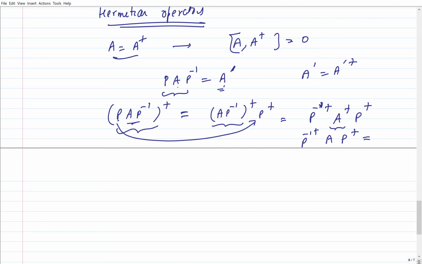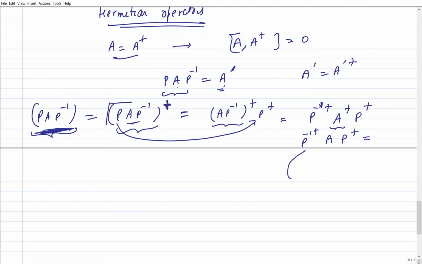I want the dagger of this to be equal to this itself, because any matrix's transpose conjugate is equal to this matrix.